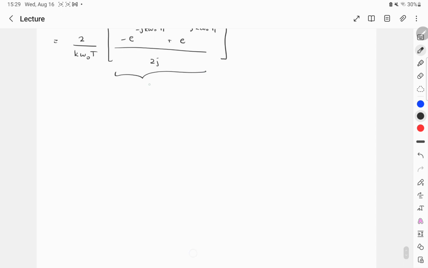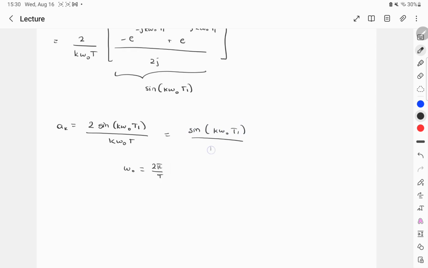And then since we already know that this part is equal to sin k omega_0 T1, we can write the coefficient a_k as sin k omega_0 T1 over k omega_0 T, and this basically equals, instead of omega_0, we can write 2 pi over T, sin k omega_0 T1 over k pi.